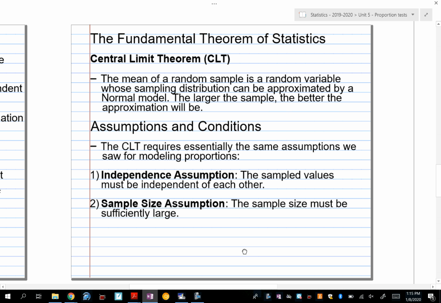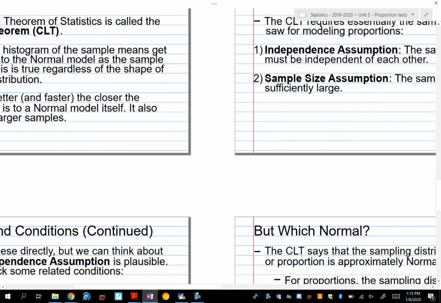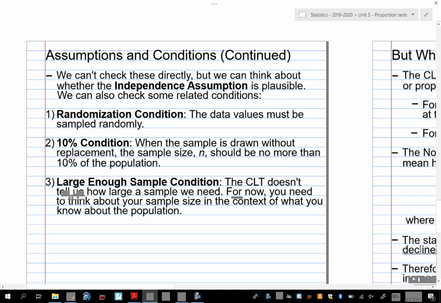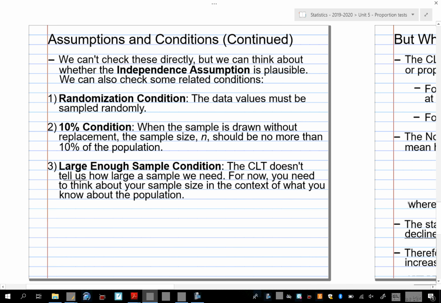So let's look at the conditions that we're going to do today. You're going to notice it's the same two for the independence assumption. We're going to have the randomization again, as well as the 10% condition. See how those are the same? But instead of the success/failure condition, now it's called the large enough sample condition.